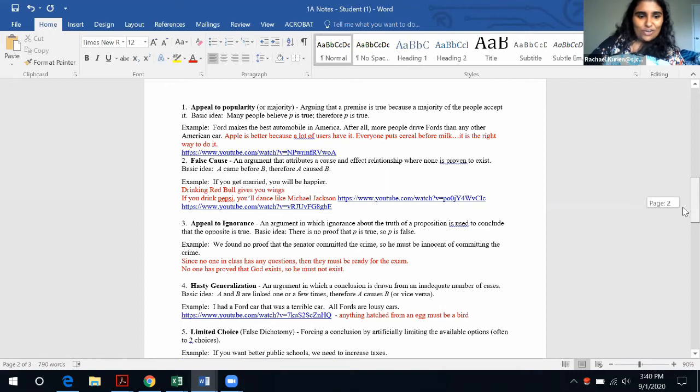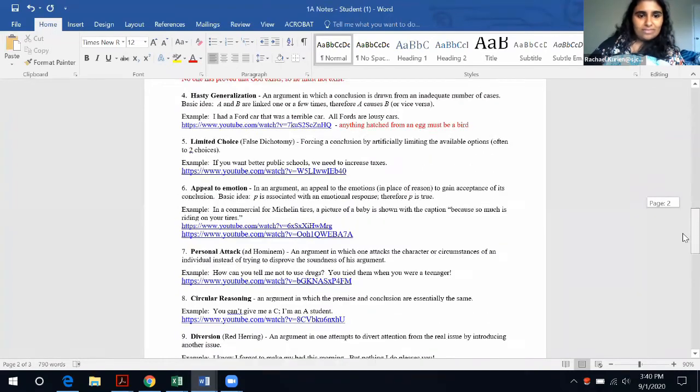All right, you want to take over the next ones? Yeah, so hasty generalization. So an argument in which a conclusion is drawn from an inadequate number of cases.